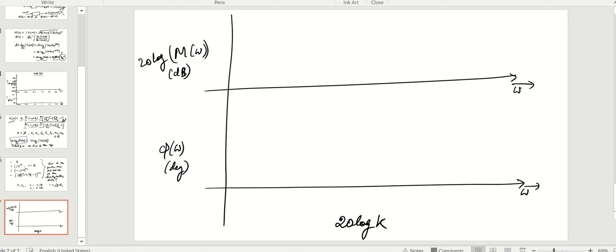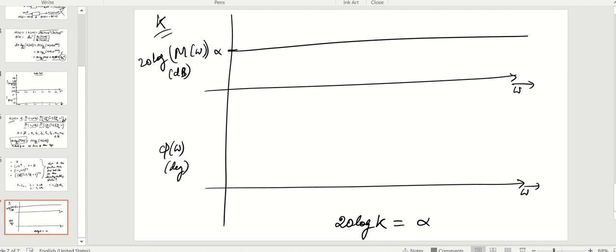How does it vary with frequency? It does not. So it's a constant. Whatever this value of 20 log k is, let's say it's some alpha. Then on this graph, if you take the point alpha, it's a constant flat line. That's what the magnitude plot is for the term k.